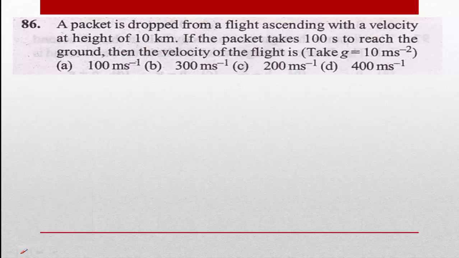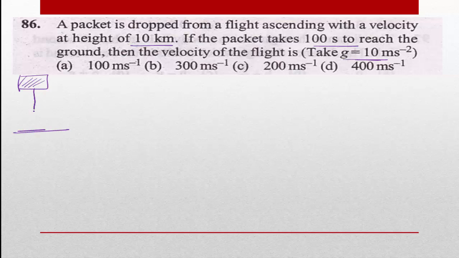A packet is dropped from a flight ascending with a velocity, at a height of 10 km. If the packet takes 100 seconds to reach the ground, then find the velocity of the flight. Take the acceleration due to gravity as 10 meter per second square. Here is the packet, dropped from a certain height with the velocity. This is the surface of the earth.